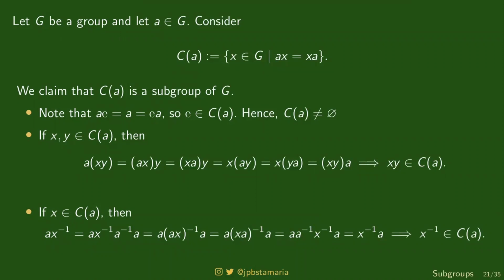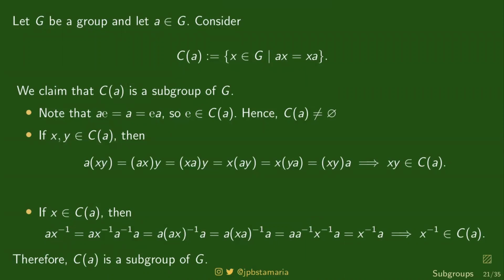All of these bullets prove one thing, no? It proves that C of A is a subgroup of the group G. By the way, this subgroup is not just a subgroup na randomly naisip ko lang, no? In group theory, this plays an important role, kaya meron siyang pangalan.